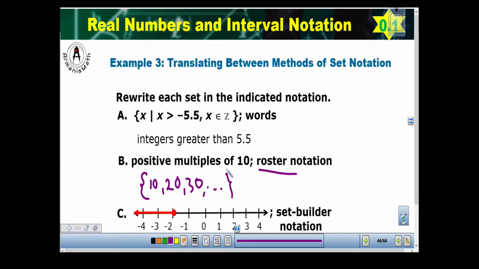So perhaps another notation here would be the set builder notation. Roster is not the optimum one in this case. But if that's what they ask, you could kind of fool the system and put dot, dot, dot. Three dots usually, not more than three.